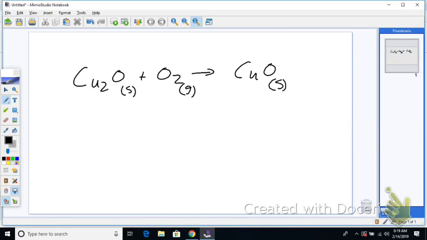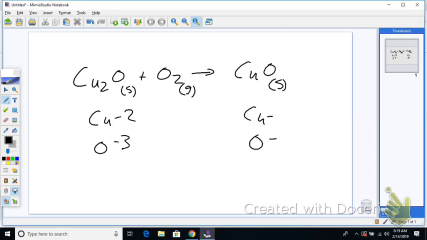Okay, synthesis. So on this one, again, you don't have to do this on every single one, and we'll do a couple where we don't list them out. So this is Cu, and this is O, and then CuO. So then when we look at it and do the counting, it's 2, and how many oxygens do we have? 3.